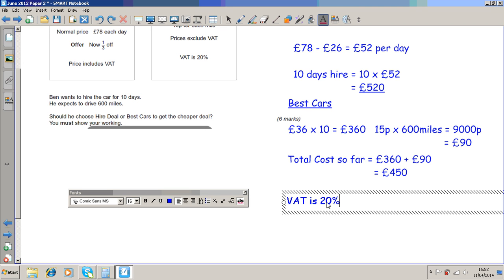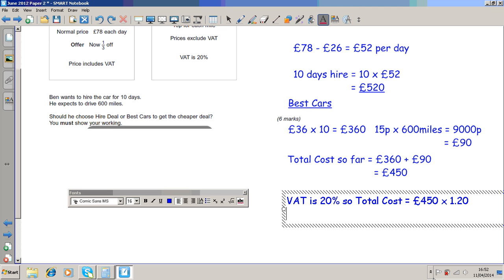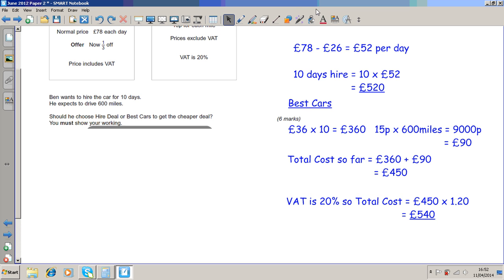So total cost equals the amount before VAT times 1.20. You could work out 20% of that and then add it on instead; it would give you the same answer. 450 times 1.20 is £540. 10% is £45, 20% is £90, added on is £540. That's fine, however you want to do it.